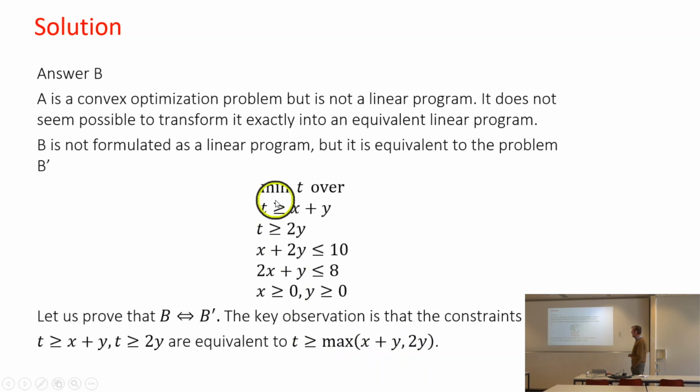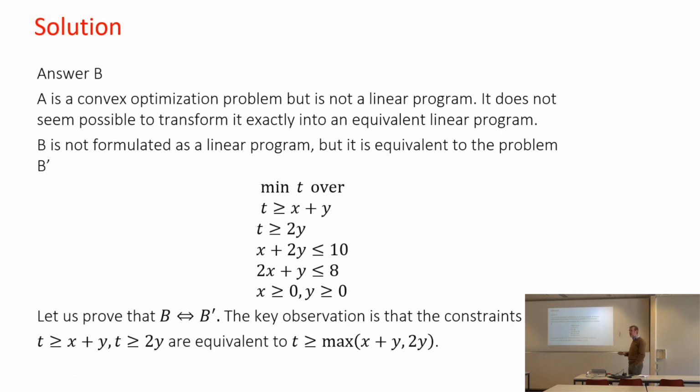So t is a variable that is not in any other constraint, so it's independent of all other constraints on x and y. And then it's easy to see that if you fix x and y, and you reason about, for a given x and y, what value of t reaches the minimum? Well, the smallest t that's larger than a and b is the maximum of a and b.